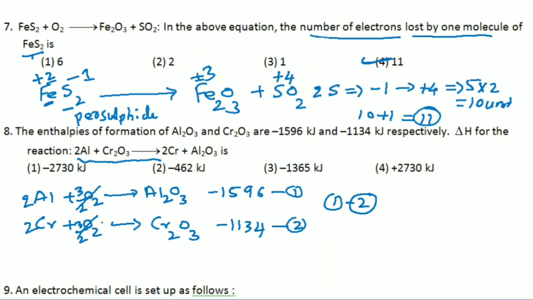So Cr2O3 will come this side. 2Al plus Cr2O3 gives rise to 2Cr plus Al2O3. When I do 1 minus 2, -1596 minus of -1134, so plus 1134. You are going to get the answer as -462 kilojoule. Hence the answer for this question is the second one.